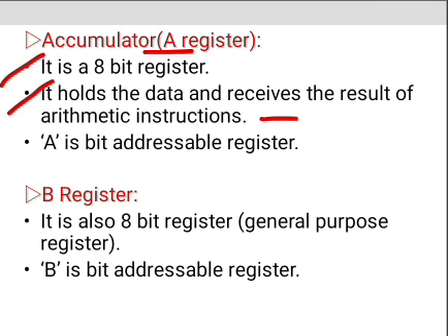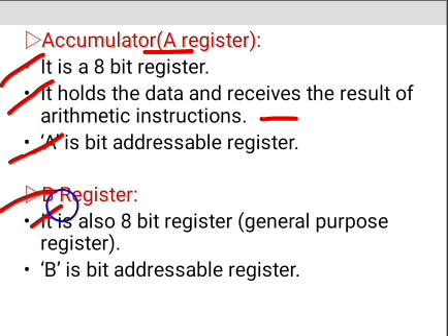In the division operation, it holds an 8-bit dividend, and after the operation, the quotient is stored in the accumulator. A is a bit addressable register, and next one is the B register.